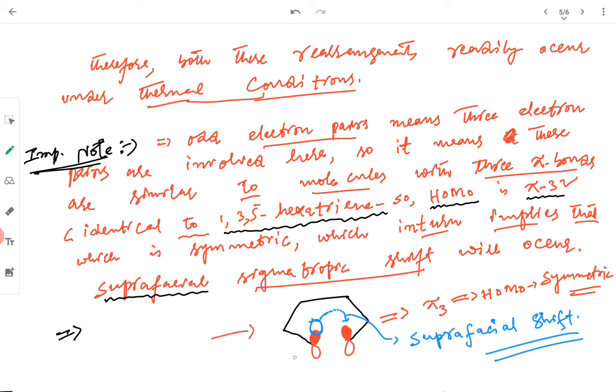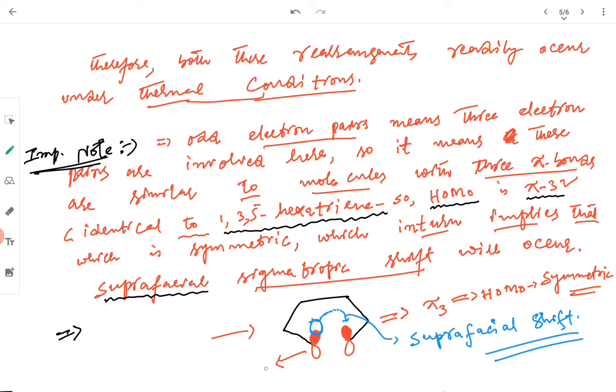As you can see, the lobes on the periphery, the lobes on the outer side, have the same sign. The color shading shows whether the sign of the wave function is the same or different.